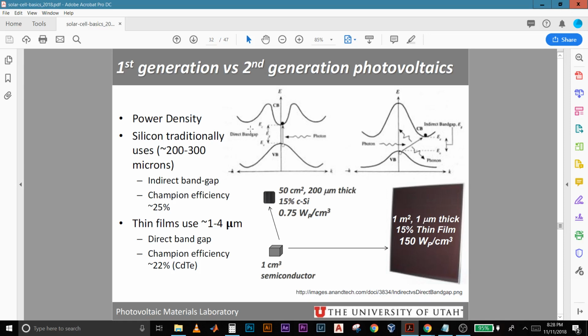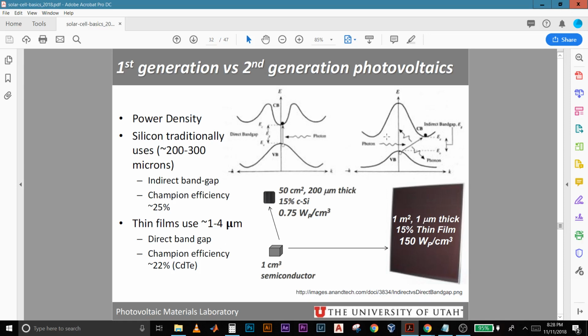A direct band gap increases efficiency because you can have photons with energies perfectly matched with this direct band gap, leading to full absorption of these photons and the excitation of an electron from the valence band to the conduction band. But if you have an indirect band gap, this type of transition is not possible, and so there is a reduction in efficiency.